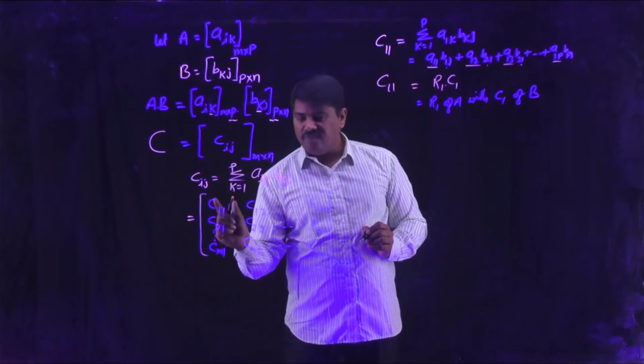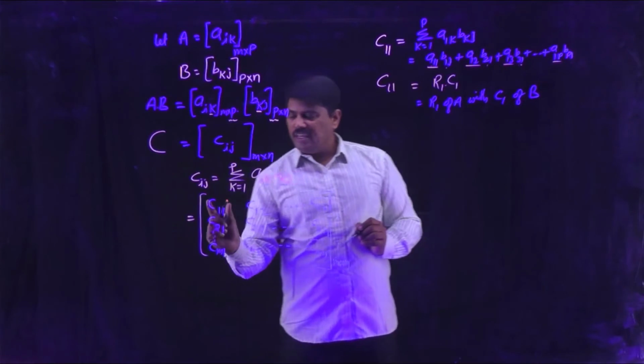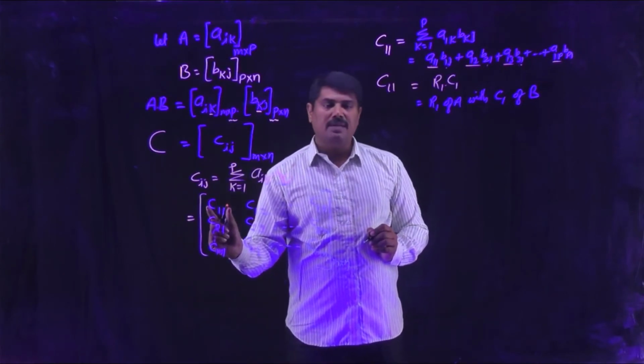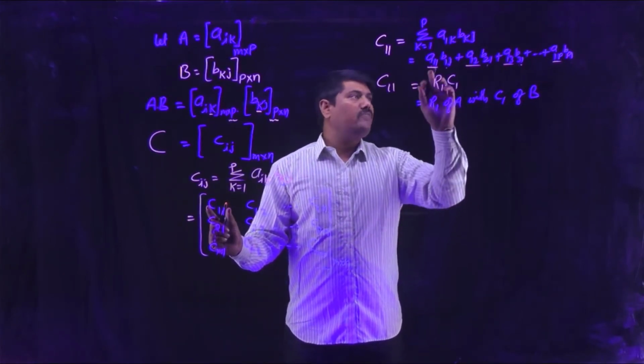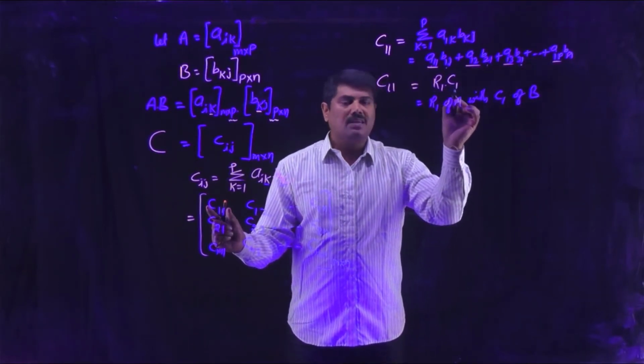The element in the 1 1 position, first row first column, is nothing but the sum of the products of the elements of R1 multiplied with column 1.